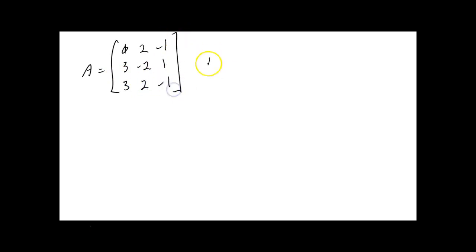Okay, here's matrix B. 0, 2, negative 1. Looks a lot like the other one. 3, negative 2, 1. Just like the other one. And 3, 2, 1. Not quite like the other one.